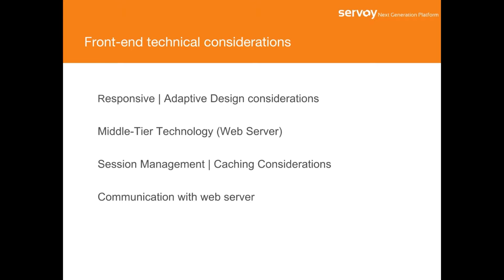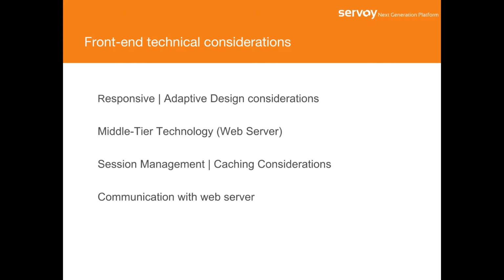Yeah, so just to revisit from the beginning, we're not just connecting components to an existing application. There's a lot of other things to consider than just the very front end of the technology, but these things still all contribute to having great UX. Whether or not you want a responsive or adaptive application, if you're delivering a web application now, well, you need a web server, you need that middle tier technology.